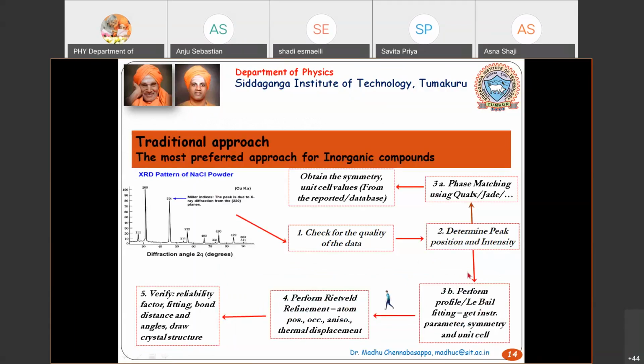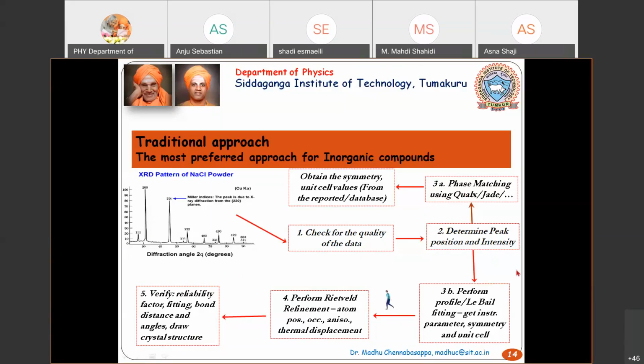For example, if you're trying to form a barium titanate. Okay, so what normally you do is you take barium carbonate, you take some titanium oxide, or you may start from this, it is like your solid state reaction. Okay, so if you take these two compounds, then you just mix it with a water vessel, and then you try to heat it at a high temperature.